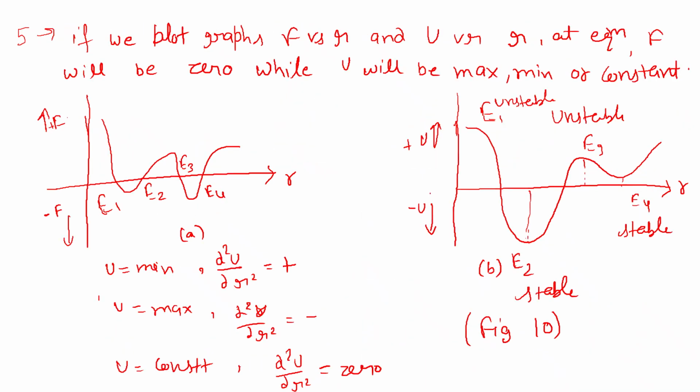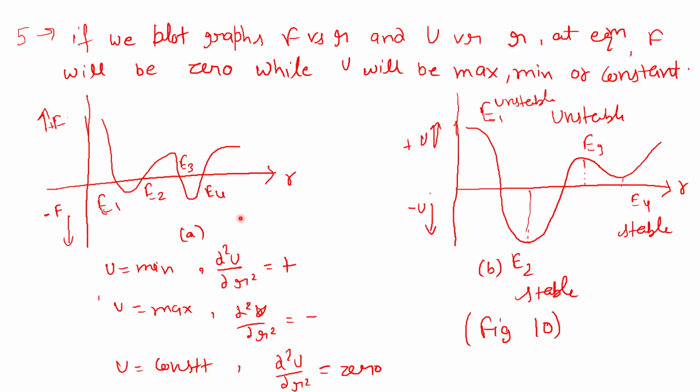Here if we plot graph F versus R and U versus R, at equilibrium F will be 0 while U will be maximum or minimum or constant. Here first we see graph A and graph B. If U is minimum, d square U over dr square is positive and equilibrium is stable.